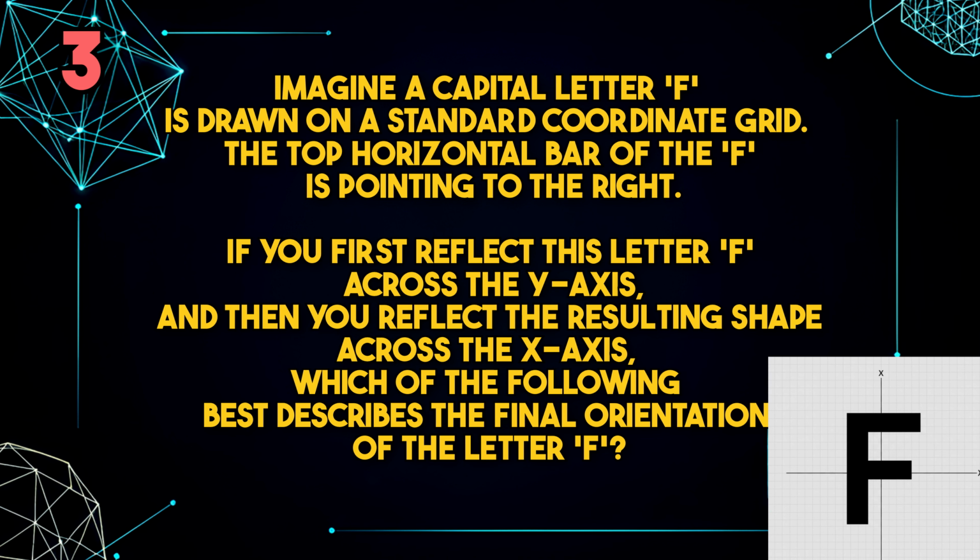Imagine a capital letter F is drawn on a standard coordinate grid. The top horizontal bar of the F is pointing to the right. If you first reflect this letter F across the y-axis, and then you reflect the resulting shape across the x-axis, which of the following best describes the final orientation of the letter F?